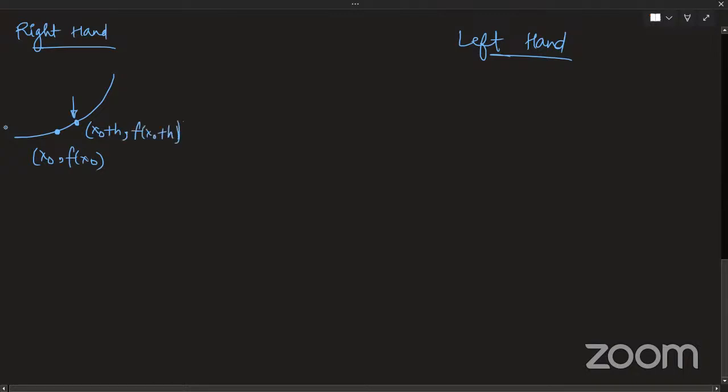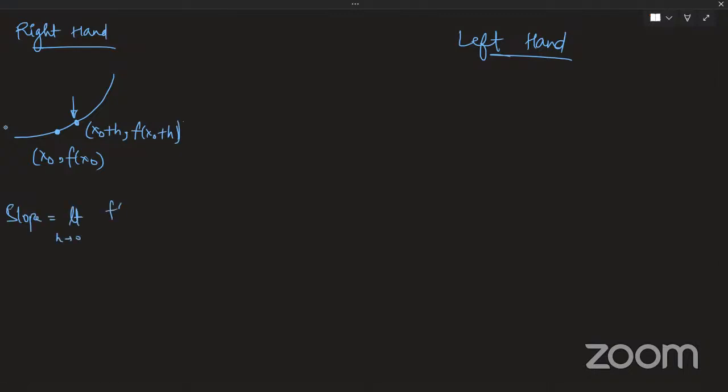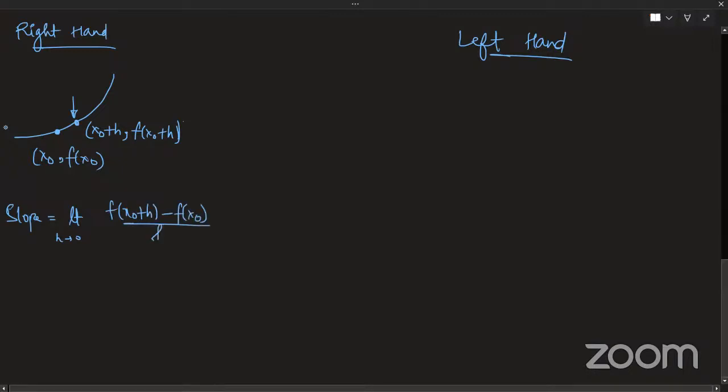And we get our slope as limit h tending to 0, f of x naught plus h minus f of x naught whole divided by h. Can we think of the same way on the left side also? So I have got this point, x naught comma f of x naught.